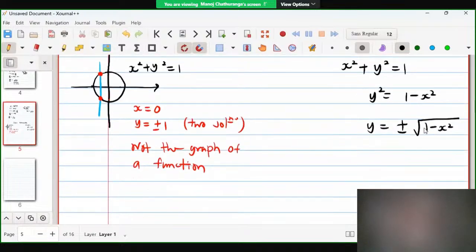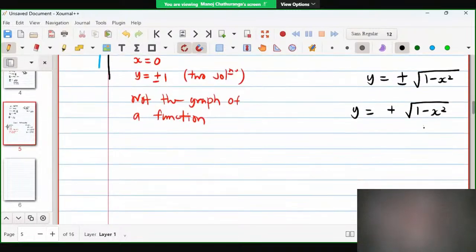Let's say you decided to pick only the positive solutions. That means you only have positive y values, not negative y values. Positive y values means the top half of the circle.